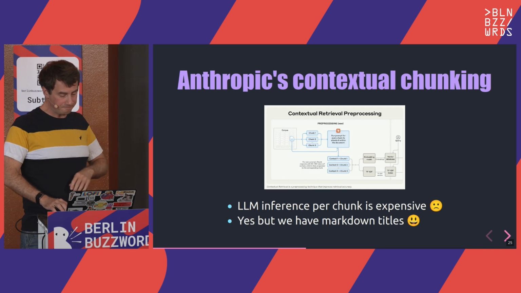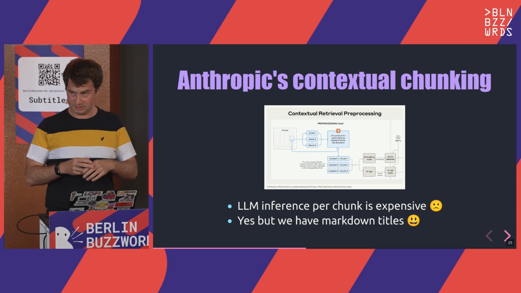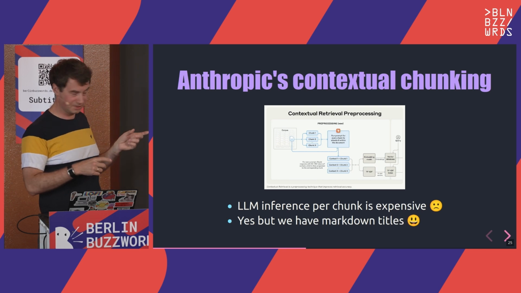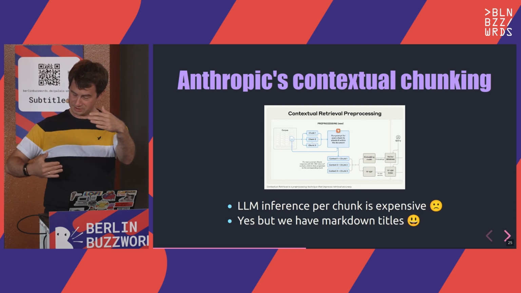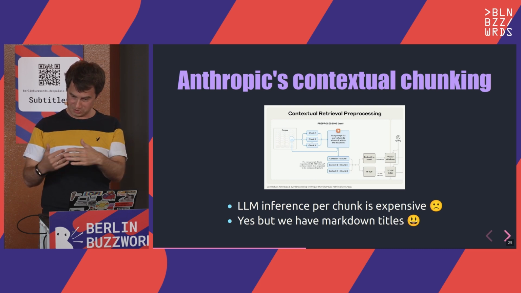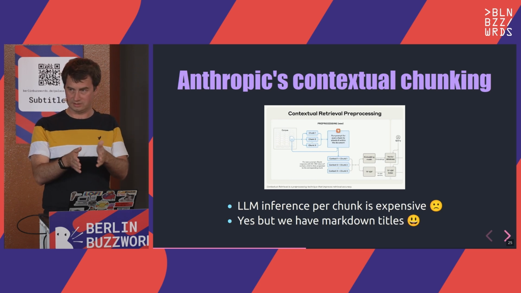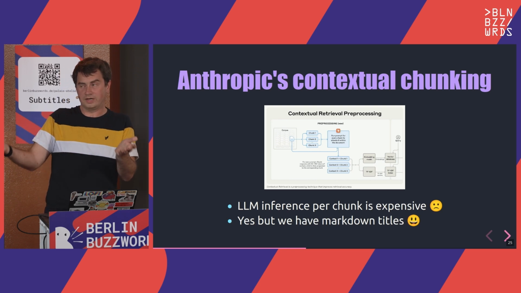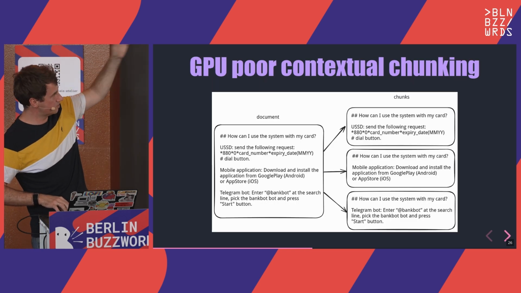But actually, if your data set already has some sort of context, as ours did after converting everything into Markdown, and after eyeballing the search results and the source documents, we saw that our titles are actually quite long. Not like Wikipedia titles, such as personal life, of whom I don't know. But we had examples like, how can I use a system with my card?